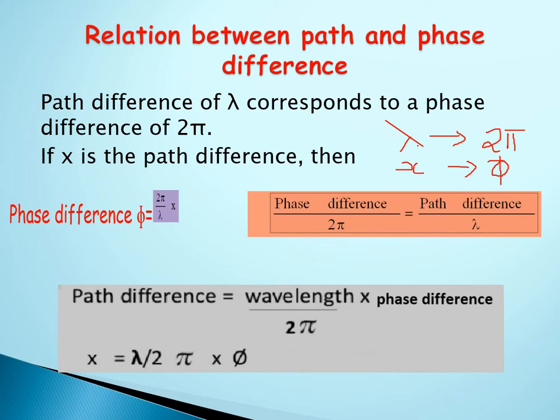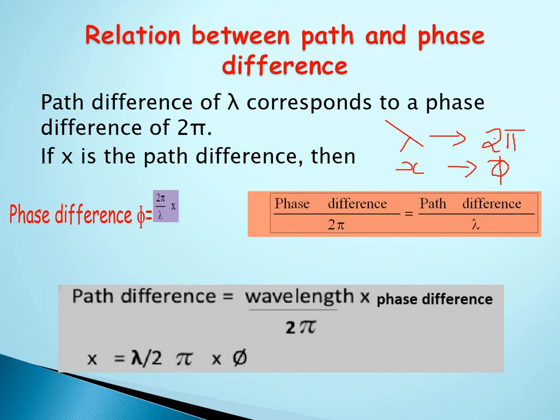Okay, for lambda path difference, phase difference is 2 pi. So for path difference x, what will be the phase difference phi? So phi is equal to 2 pi by lambda into x. Okay, this mathematics you have studied in class 7th when you studied the unitary method.